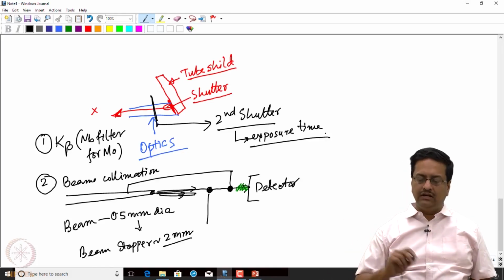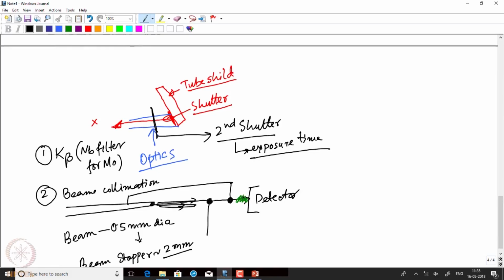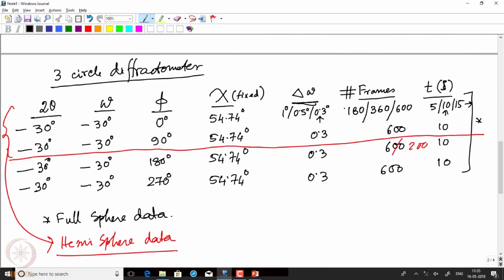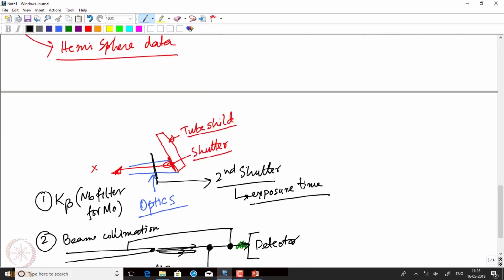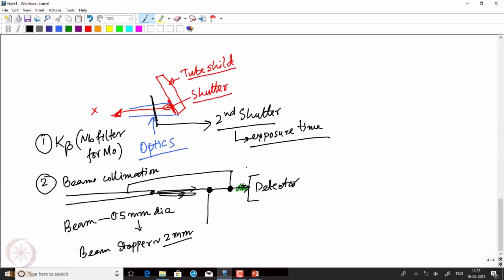So during one particular run of data, as we have seen in the previous class, if we say that the exposure time is about 10 seconds, this particular shutter remains open for 10 seconds, closes and opens again. So this regulates the exposure time in this particular experiment.